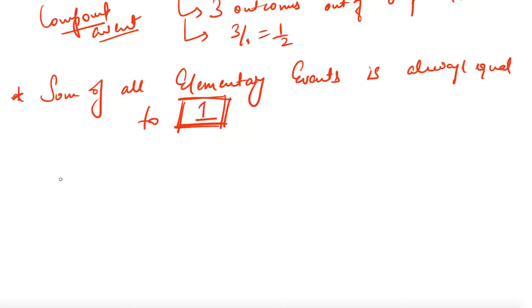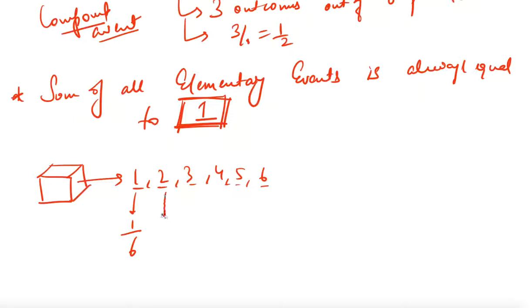For example, the same example, in which you can understand probability very easily. If I throw a dice, my possible outcomes are 1, 2, 3, 4, 5, and 6. Each of them is an elementary event. Probability of getting 1 is 1 by 6, 2 is 1 by 6, 3 is 1 by 6, 4 is 1 by 6, 5 is 1 by 6, and again 6 is 1 by 6.